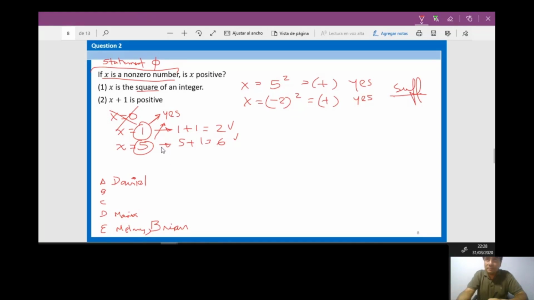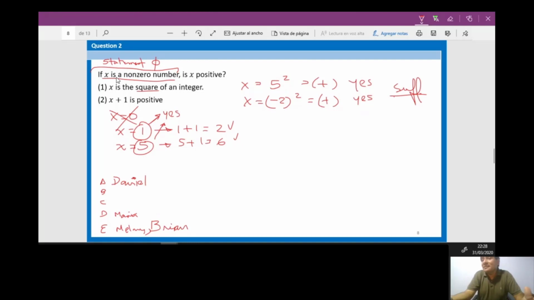But think about it. What they say about x in the statement 0 is just that x cannot be 0. Does it say here what type of number x can be?